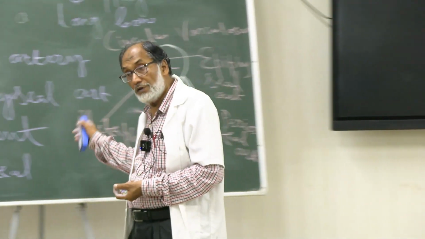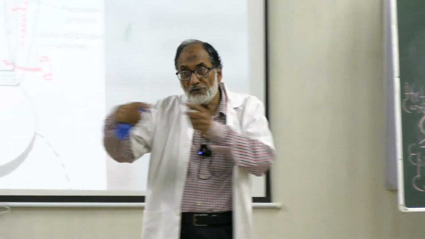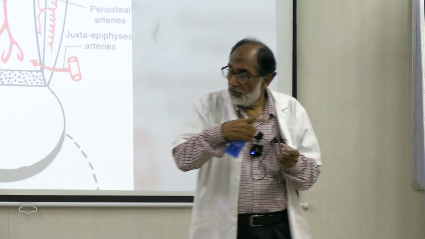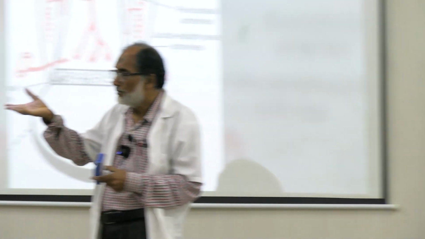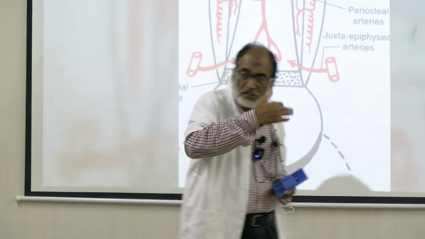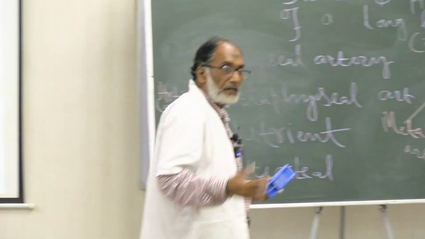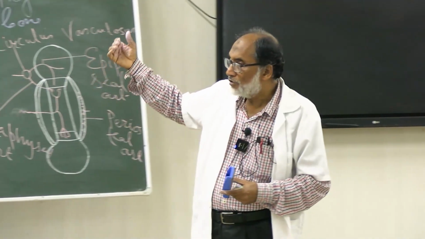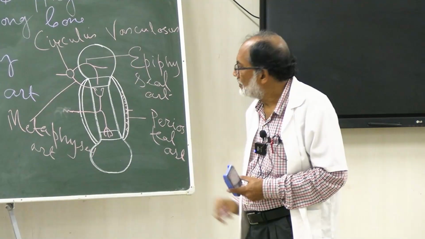Nutrient artery is also accompanied by a nerve, because bones have nerve supply. That nerve enters into the bone through the nutrient foramen along with the nutrient artery, and then it will enter into the bone through the Haversian canal, and it will supply.